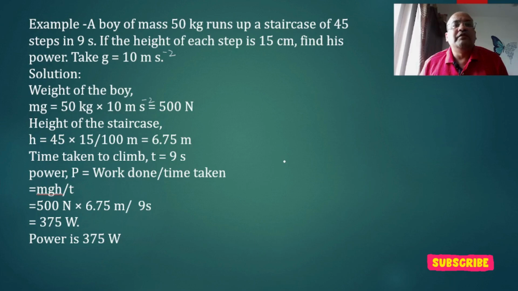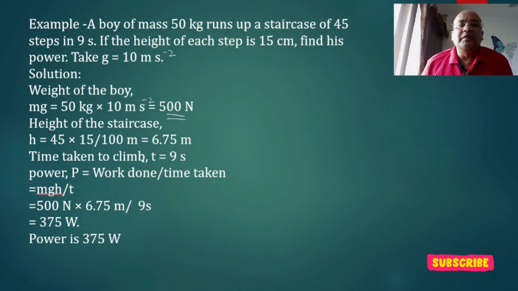Now we have the m in mg, that is the force, so that is 50 kilograms into g, what we get is the value in Newton. The height of the staircase is h equals 45 into 15 upon 100 meters, so we get it as 6.75 meters.